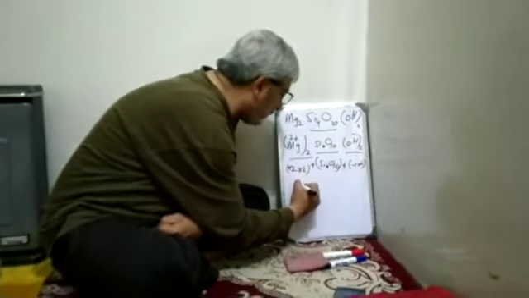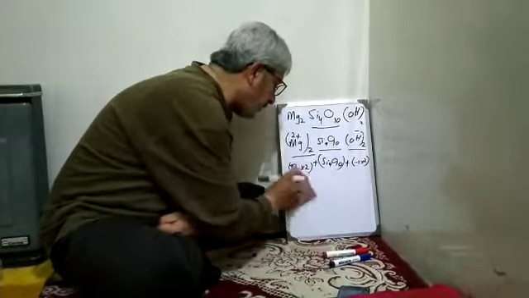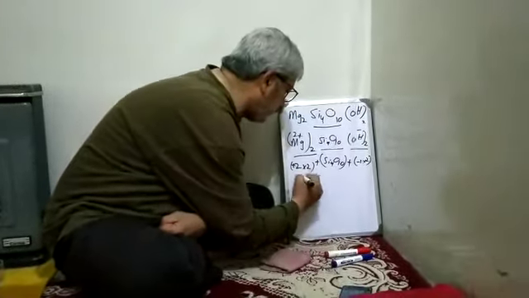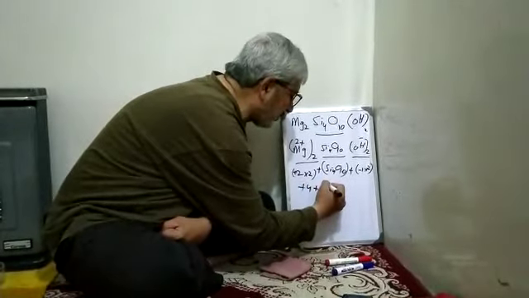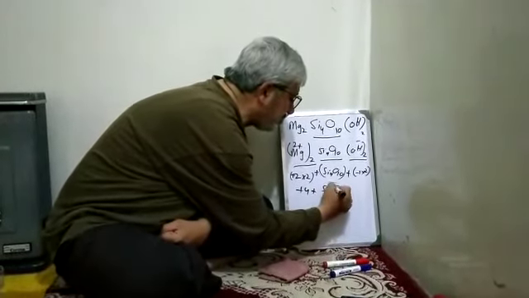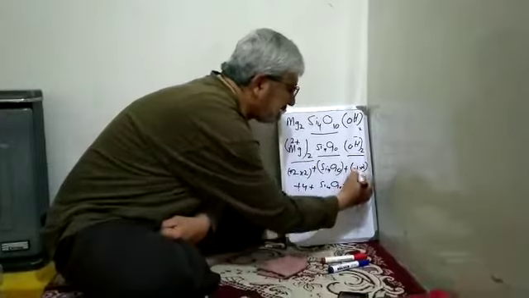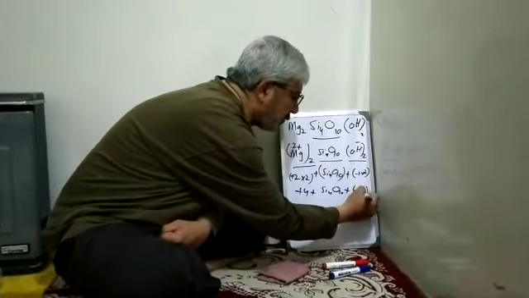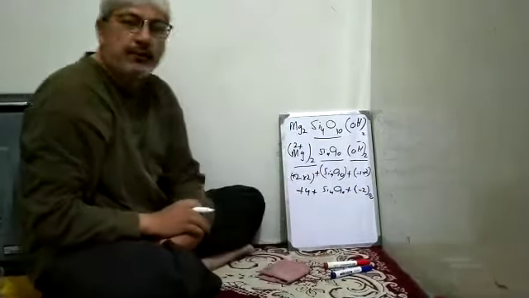2 into 2 is plus 4, plus silicon oxide, plus minus 2 is equal to 0.